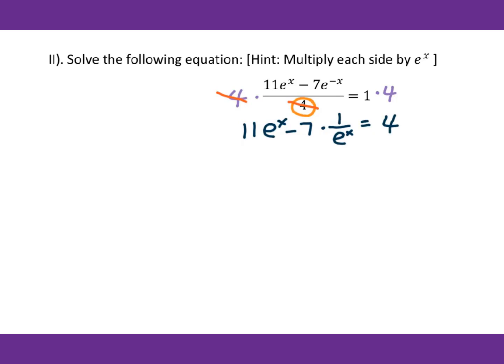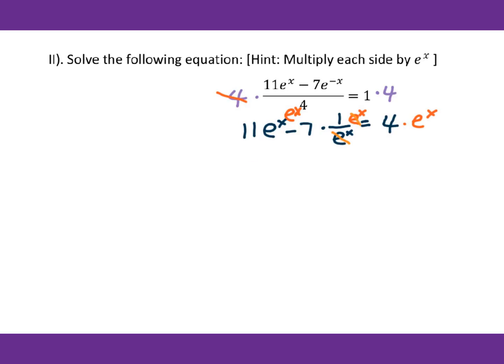Then we have another denominator, e to the x power. Therefore, we multiply by e to the x power for every single term in this equation. Still need to reduce.